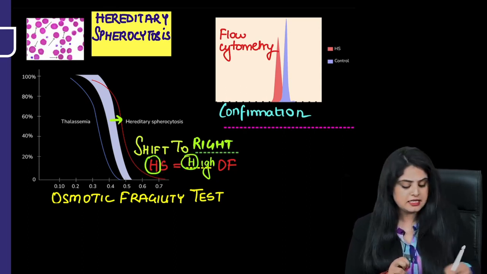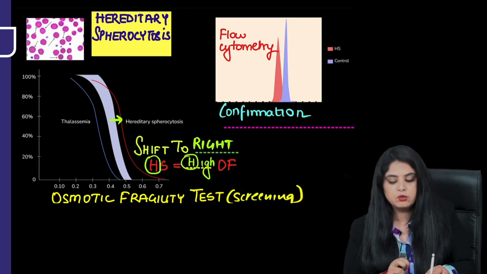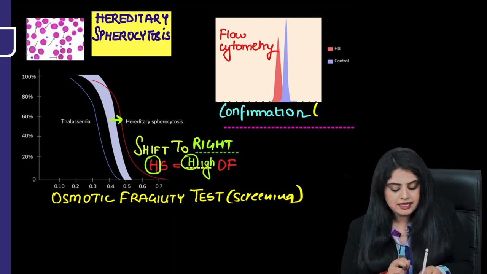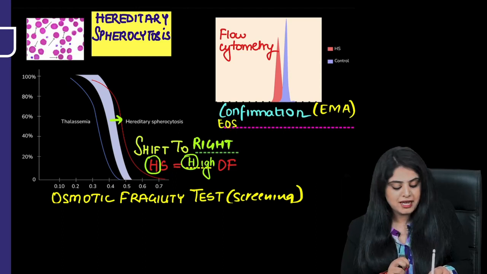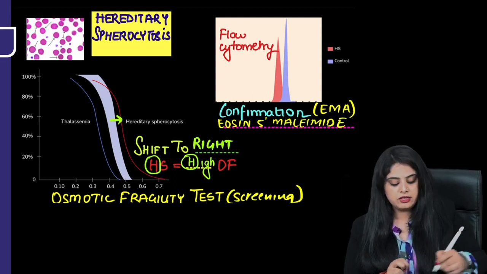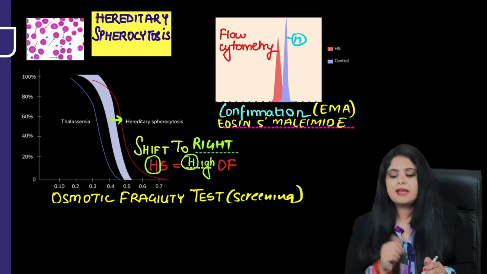But that is a screening test. How am I going to do the confirmation of this? For the confirmation, I've got a flow cytometry in front of you. And that confirmation is done by a dye called EMA, eosin 5 maleimide. It is done by a dye called eosin 5 maleimide testing, and this is going to tell me that, okay, look at this. This person over here is totally normal. What is eosin 5 maleimide?